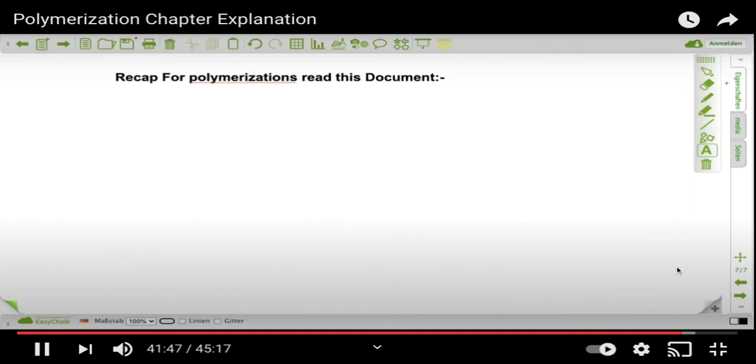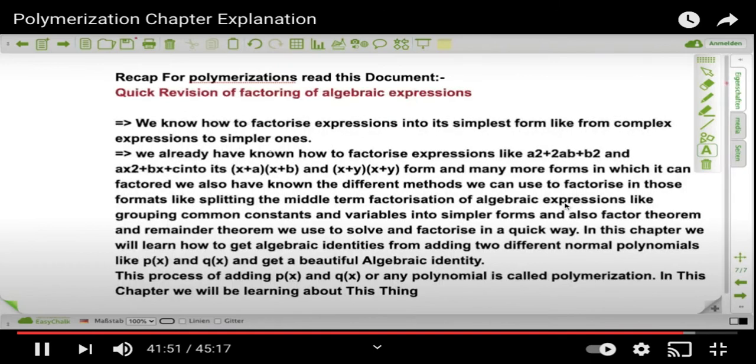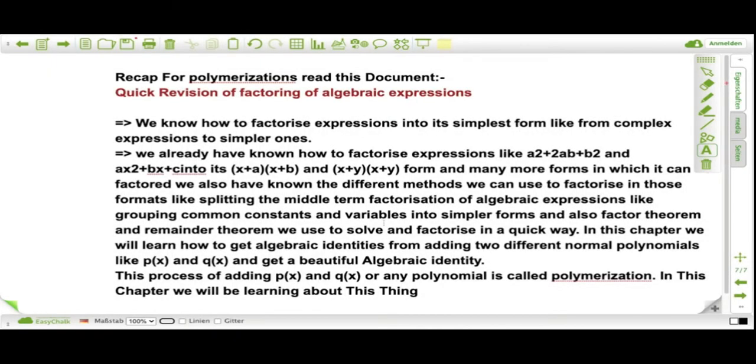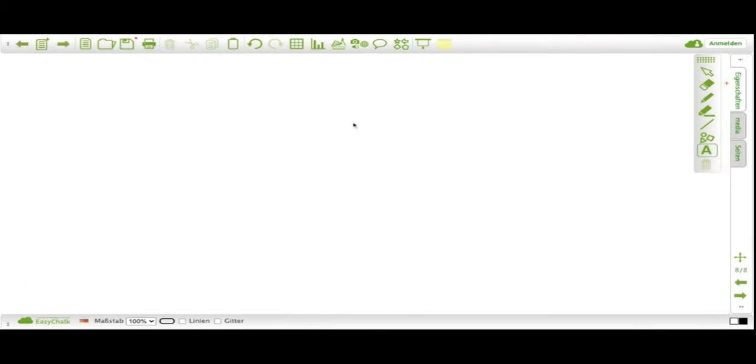Read this document. Don't read this document, but this is not important. I will share this document with you after some time. This document is not for your need. Just learn the basics. That's it.